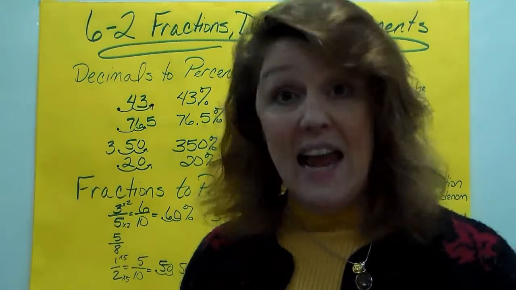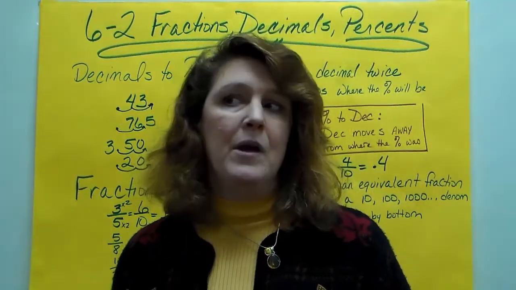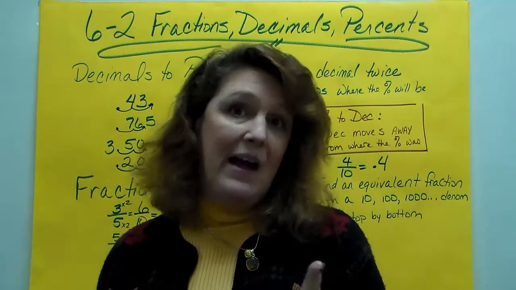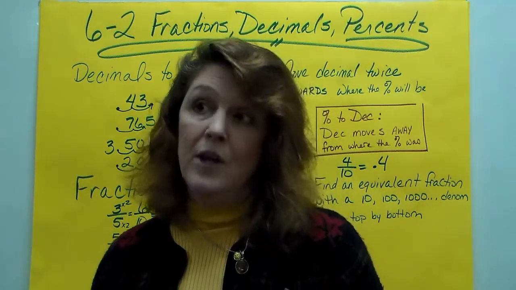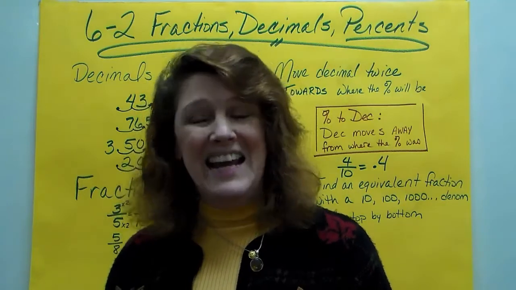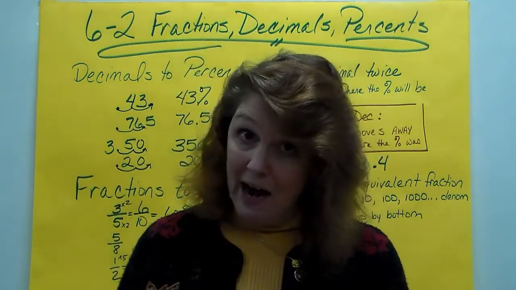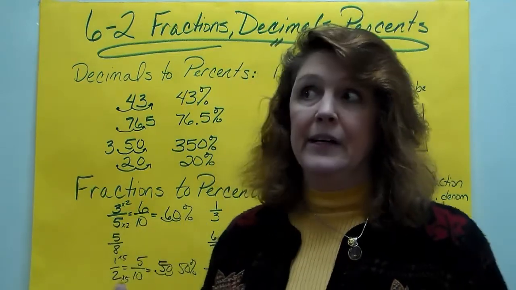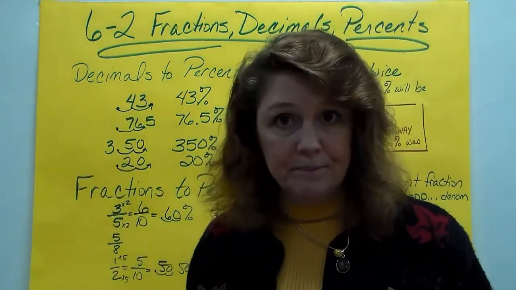Now, 8s can get a little tricky, because 8 doesn't go into 10, and 8 doesn't go into 100, but 8 goes into 1,000. So you've got a choice here. You can remember that 8 times 125 is 1,000, just for ease of getting through this chapter.